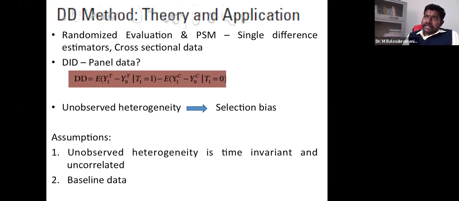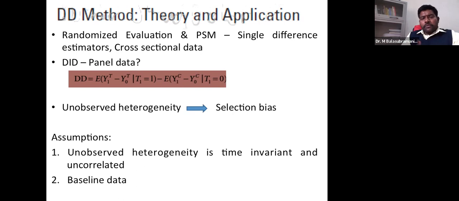In this DID, can only panel data be used, or can cross-sectional data be used as well? Yes, we can use this model in cross-sectional studies also, where repeated cross-sectional data can be used. Not a single point in time, but repeated cross-sectional studies can be used to compare and evaluate the particular group. There also we can use this difference in difference.